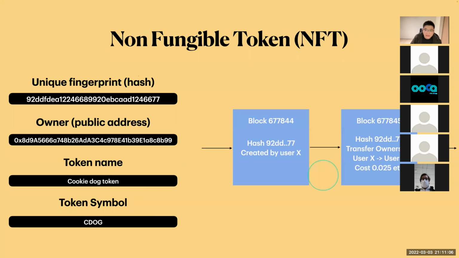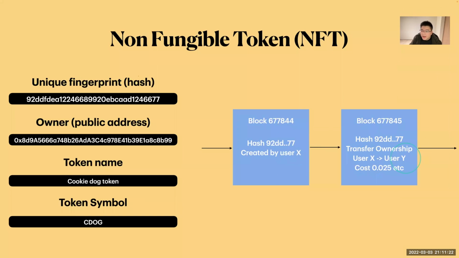Okay, next. The ownership of the token means that you can transfer the ownership as well, and it might be written in the next block. For example, user X transfers to user Y. That is an example. Maybe it costs 0.025 ETH or something. It can be recorded.